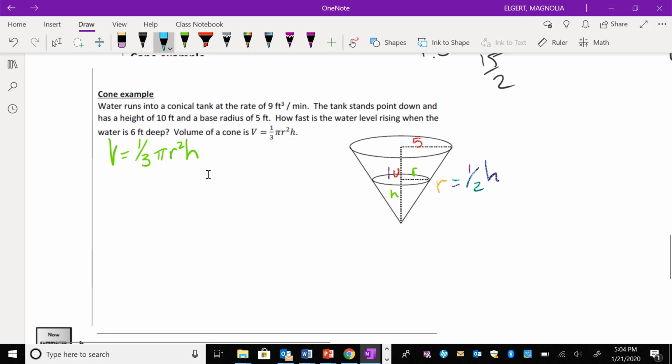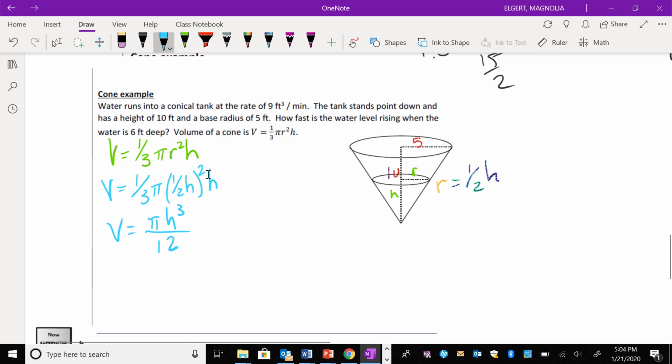Okay, so I'm going to rewrite my volume formula from geometry in terms of h. So it's going to be 1/3 pi times 1/2 h squared times h. I'm going to skip a step because I'm really good with fractions, I guess. But this is pi h cubed over 12.